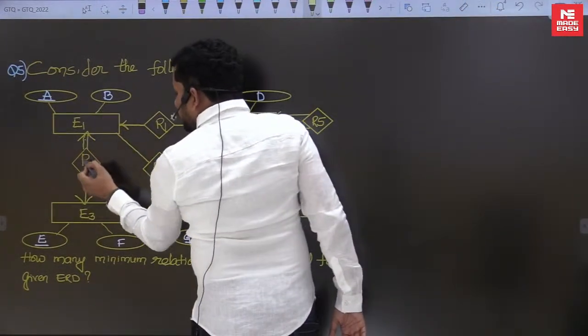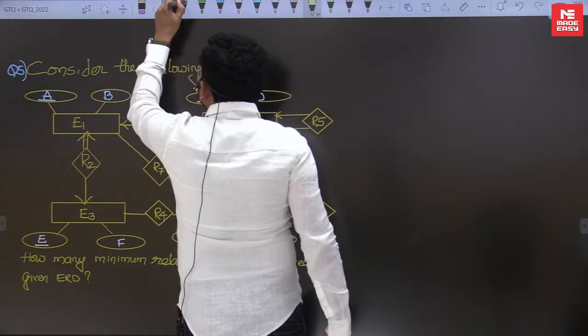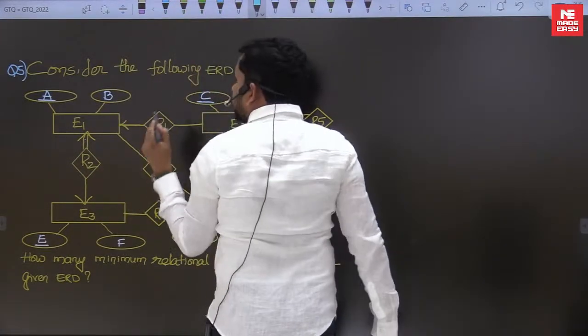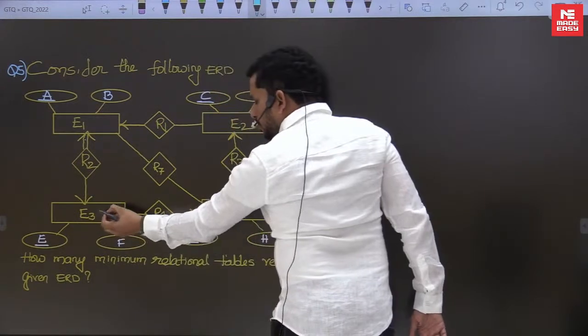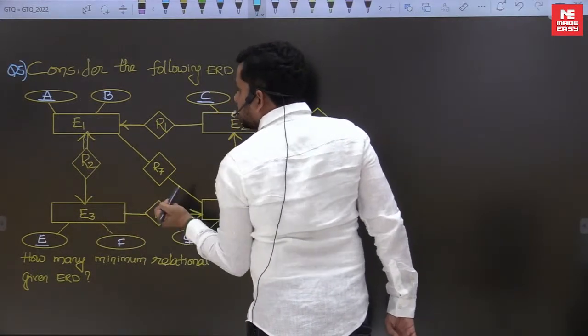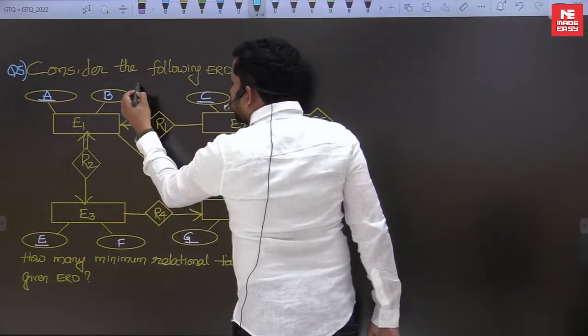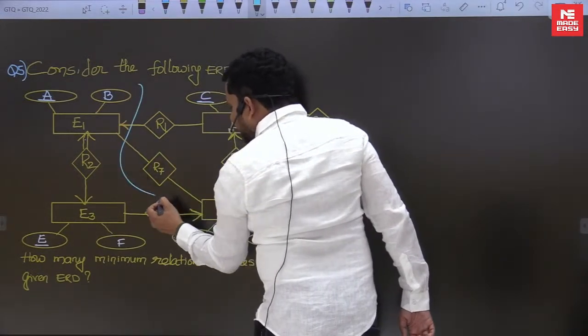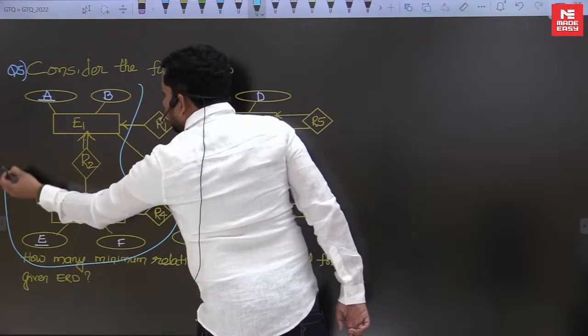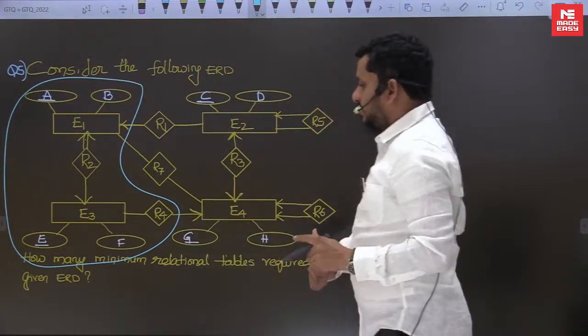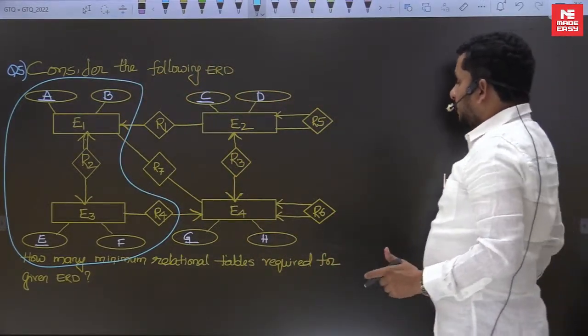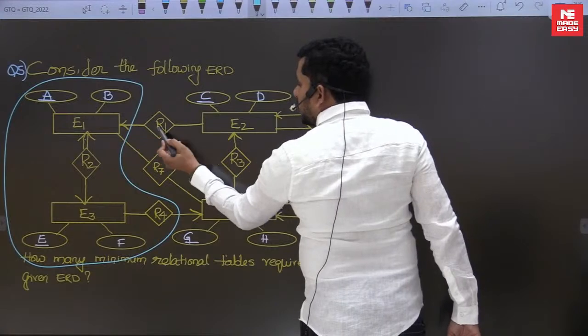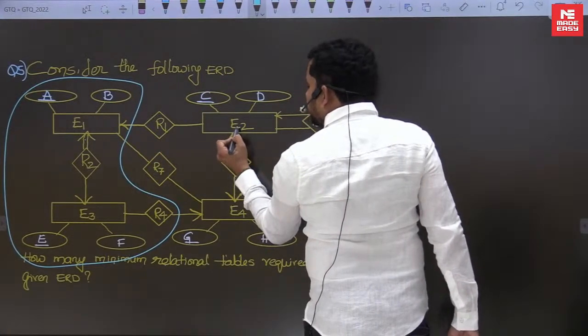See, one-to-one total participation, so the entity sets can be combined together. Many-to-one can combine with the many side entity set. So this portion of the ER diagram becomes one RDBMS table. Now the one-to-many relationship can combine with the E2 entity set.